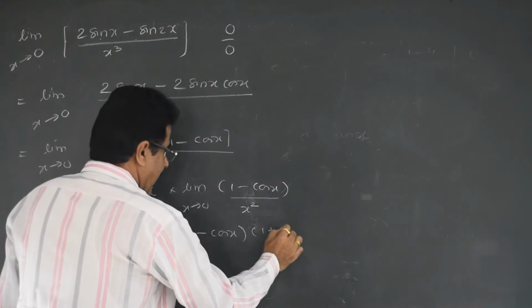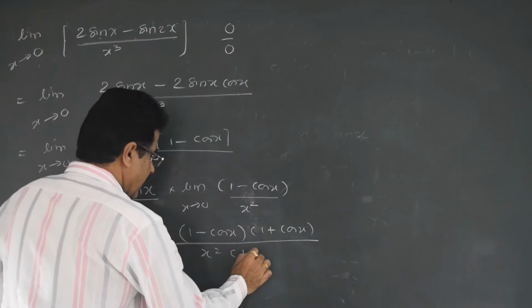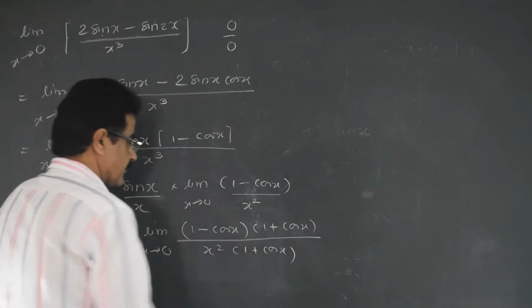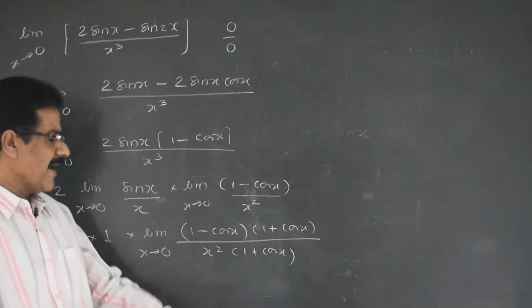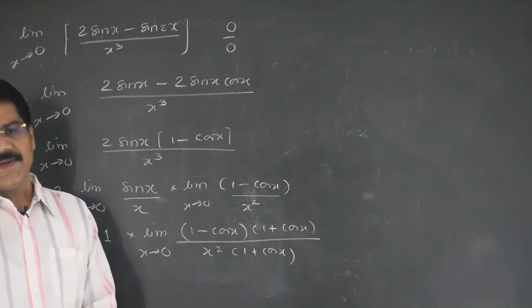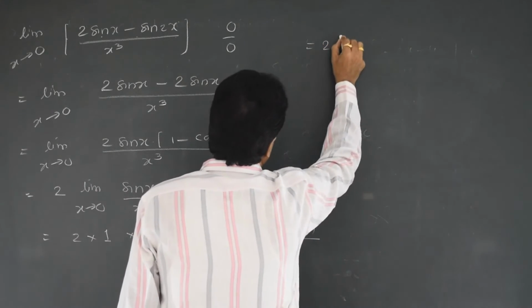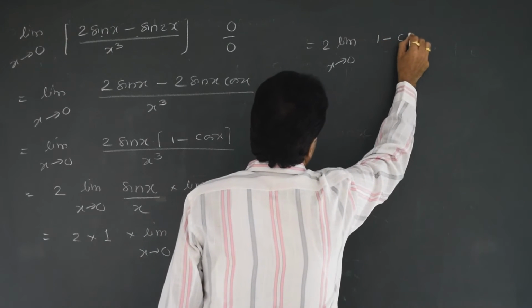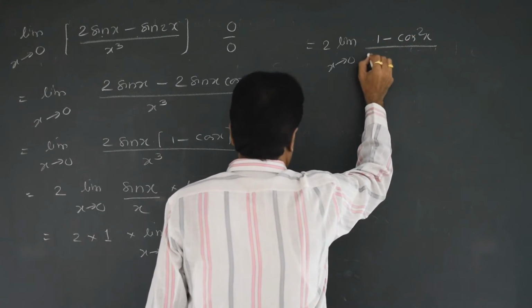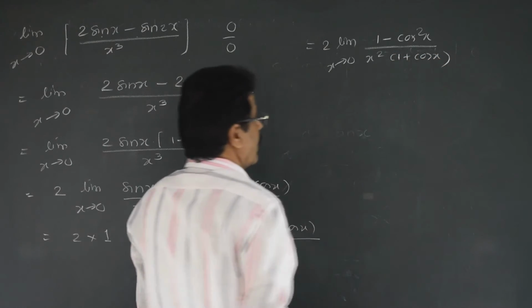So multiplying and dividing by 1 plus cos x. So x square into 1 plus cos x. You can observe that numerator is now in the form of a minus b into a plus b, so it becomes a square minus b square. So further we can write down 2 into limits as x tends to 0, 1 minus cos square x, upon x square into bracket 1 plus cos x.